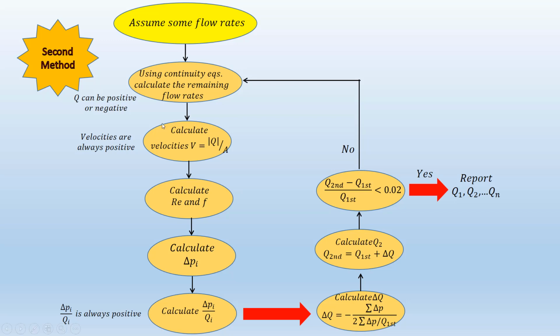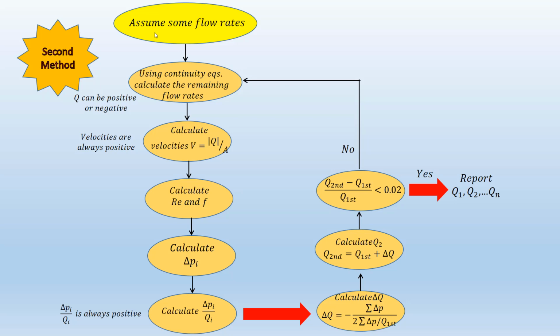Otherwise, you need to repeat this procedure. What is the advantage of this method? If you compare this method with the conventional method, the advantage is that in this process you start with 2 or 3 assumptions. Keep in mind that in the conventional method, you need to assume n friction factors.